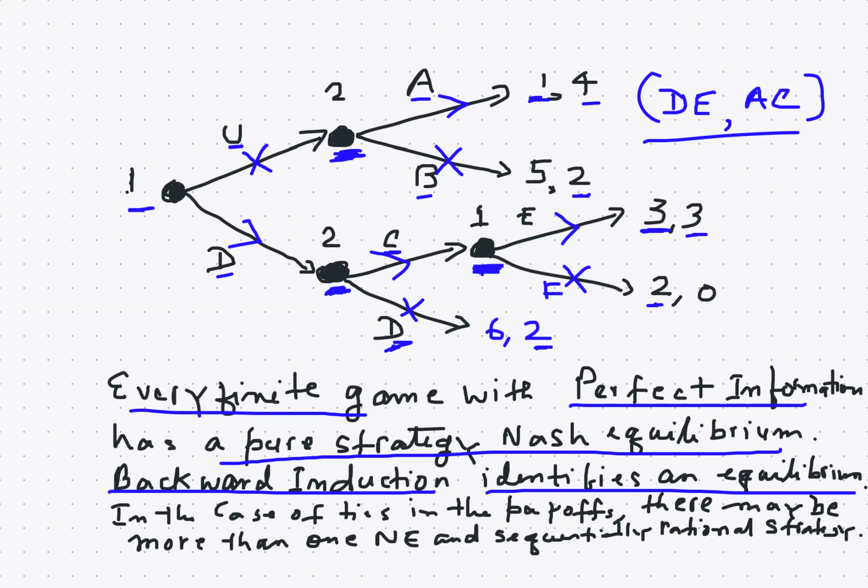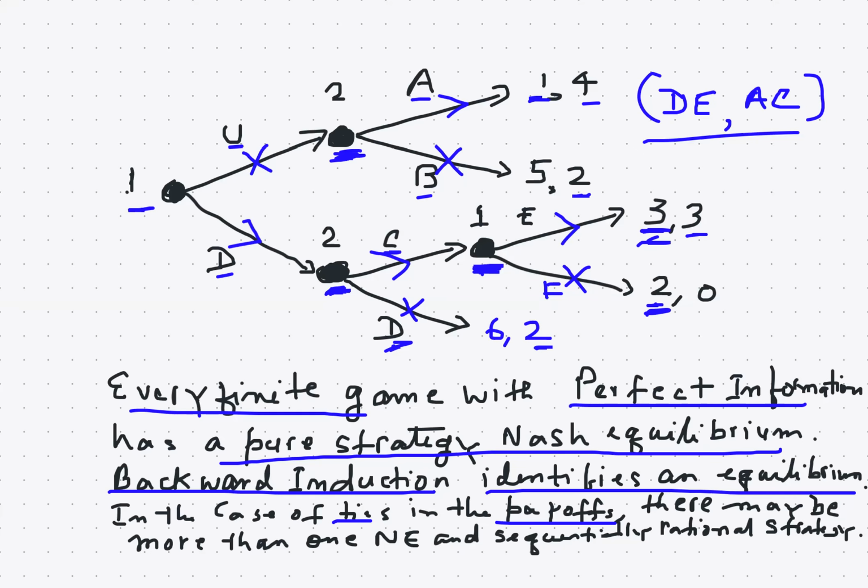So what if there is a tie in the payoffs? Meaning, there is a 3 and 3 here too, over here 3 and here 3. So there's a tie, right? If there is a tie, then there may be more than one Nash equilibrium and more than one sequentially rational strategy in the case of ties.